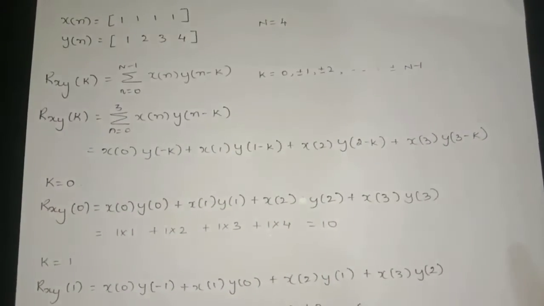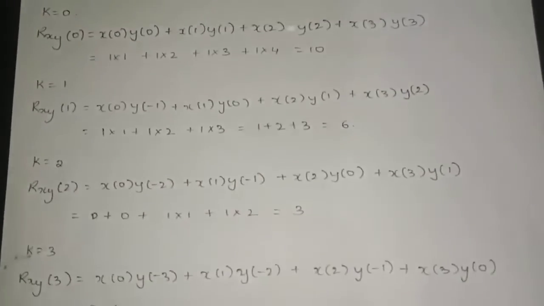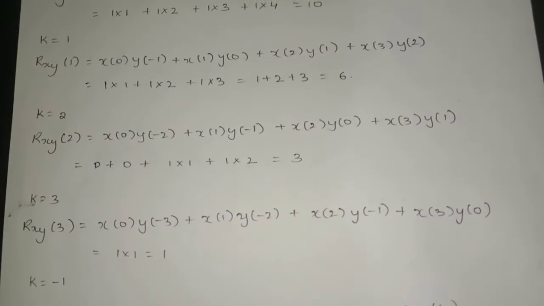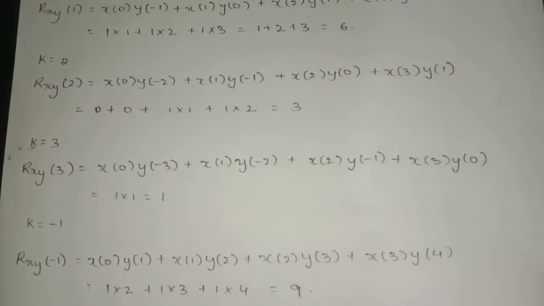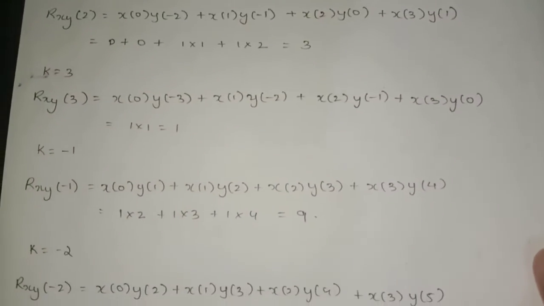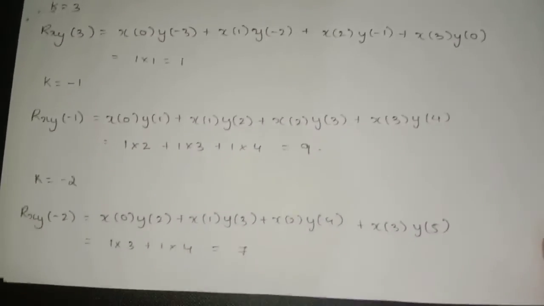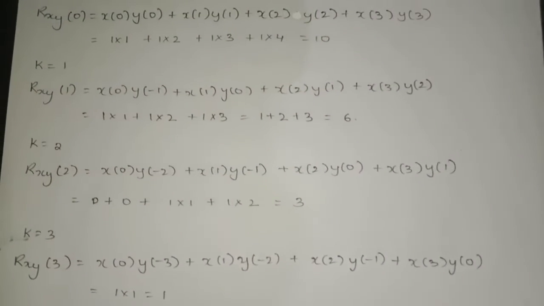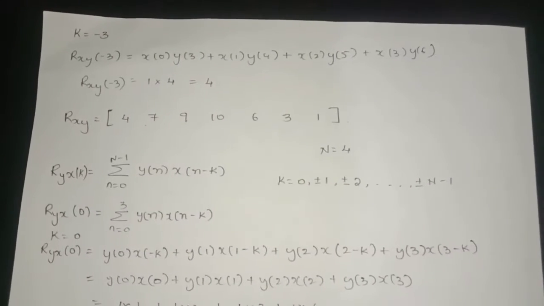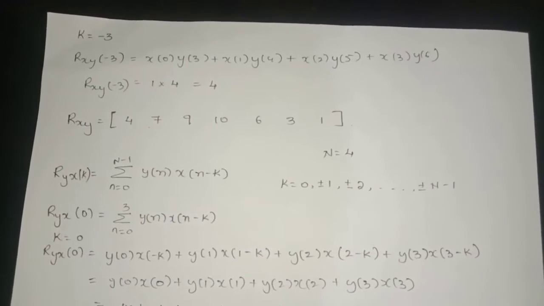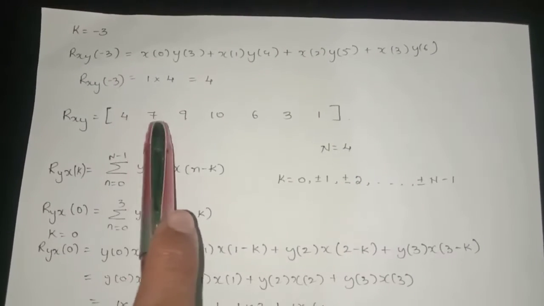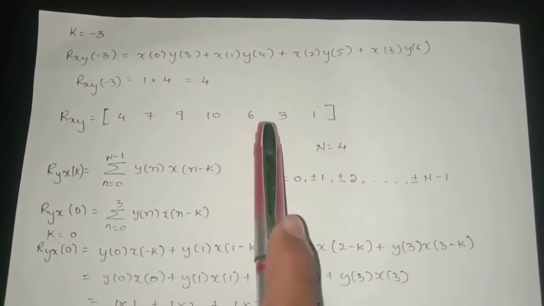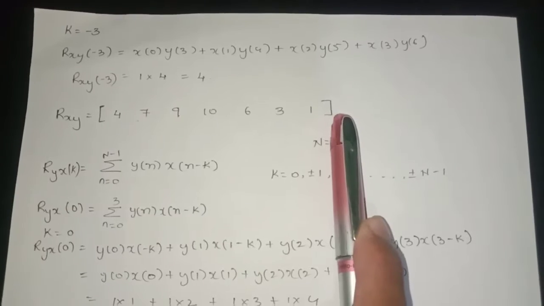And similarly, after substituting for k equals 1, k equals 2, k equals 3, and again k equals minus 1, k equals minus 2, k equals minus 3, we will get the Rxy sequence as 4, 7, 9, 10, 6, 3, 1.